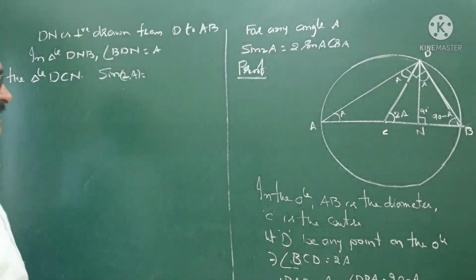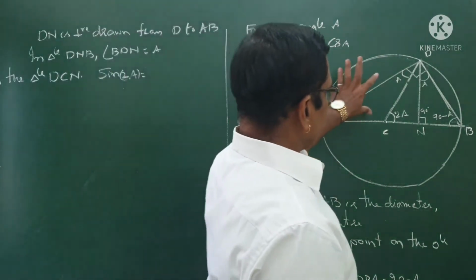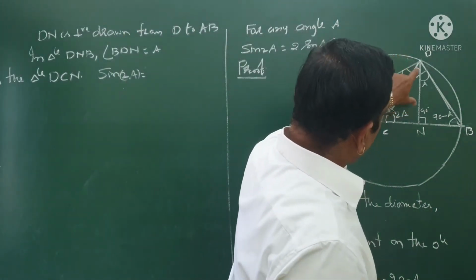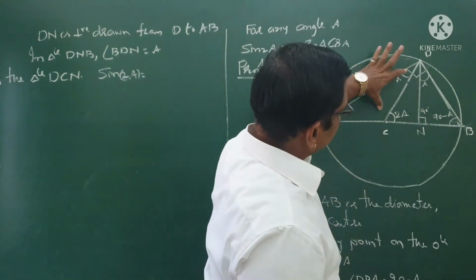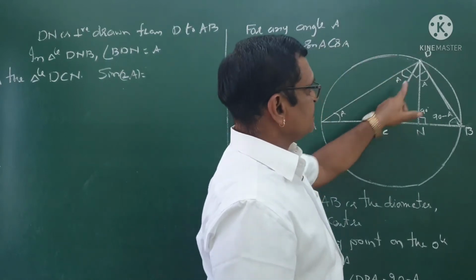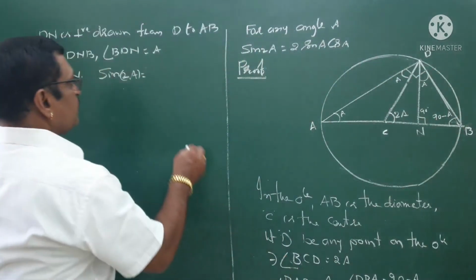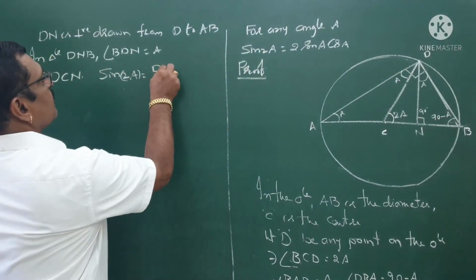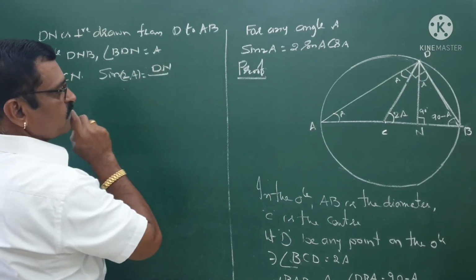For 2A, this is the opposite side, and this is the hypotenuse. So I have DN by CD.